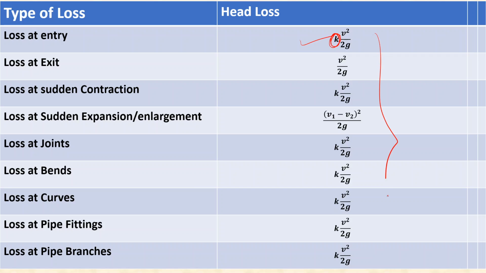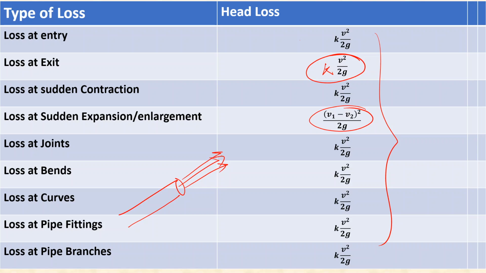Out of all these formulas, only two are different: loss at sudden expansion or enlargement of the pipe, and loss at exit. They can also be converted to the same format, which is k into v square by 2g, but as we have already learned, in case of loss at exit, k would always be 1, because whatever velocity head remains at the end of the pipe, whether it is releasing the water into the atmosphere or into some kind of tank, that velocity head can never be restored.